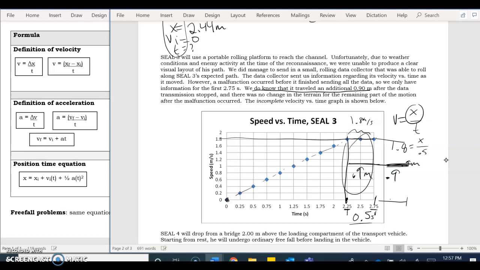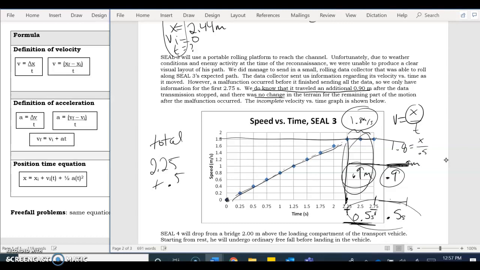Well, if there's no acceleration and nothing changed, then I know that he went another 0.5 seconds because here he went 0.9, here he went 0.9, nothing changed, and so the time has to be the same as well. So his total time, well, here he went 2.25 during that section, and then he went another 0.5 during that section, and then he went another 0.5 during that section. So you should be able to get his total time from all of that.